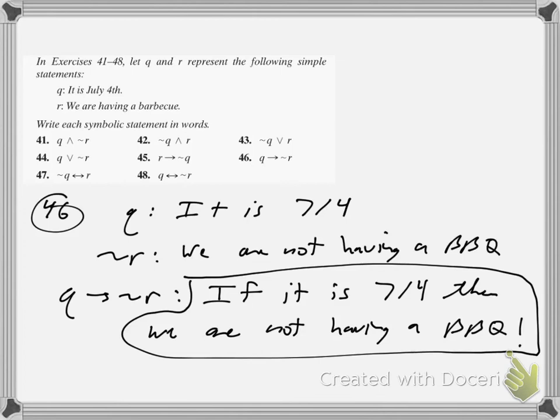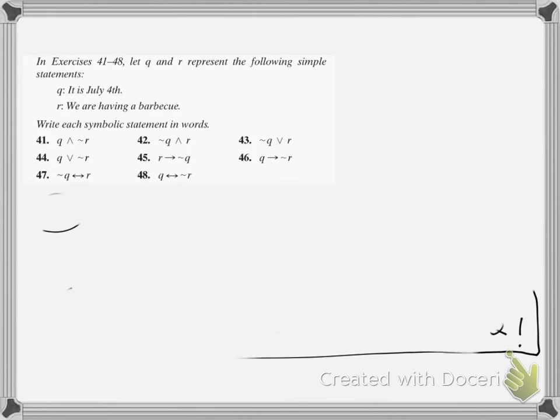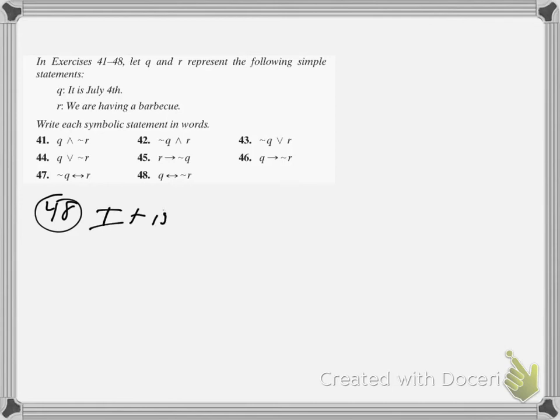Okay, and then we're going to quickly go through 48. And 48 says, Q, if and only if not R. I'm going to do this one on the fly. So Q is, it is 7-4. The double arrow means if and only if.